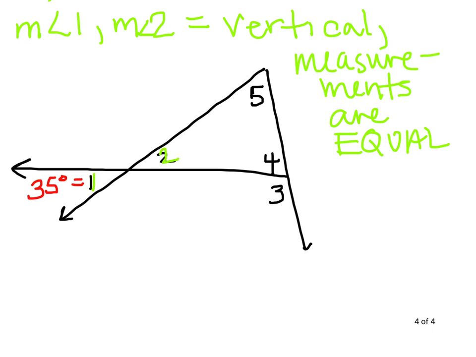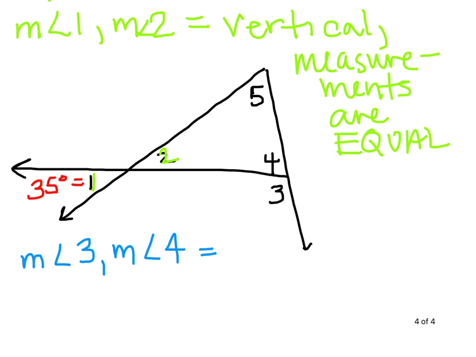So for number 2, let's go ahead and talk about how angle 3 and 4 are related. What types of angles are angle 3 and 4? Supplementary or complementary? What did you say?